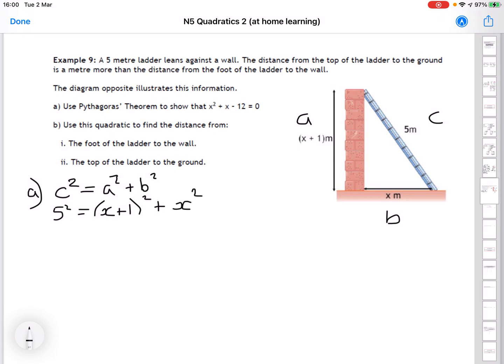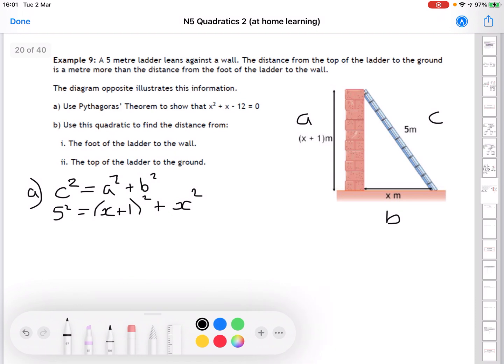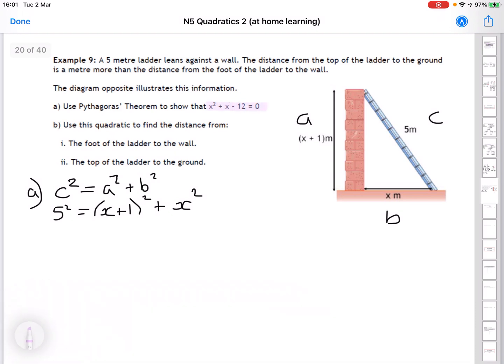All we need to do here is break the bracket out, tidy up these terms, and we are looking to get as a final answer x squared plus x minus 12 equals 0. So 5 squared is 25. For x plus 1 all squared, we can write that out twice first to help us see it, and then we have the plus x squared.